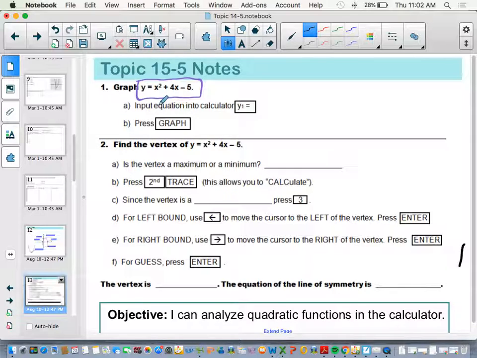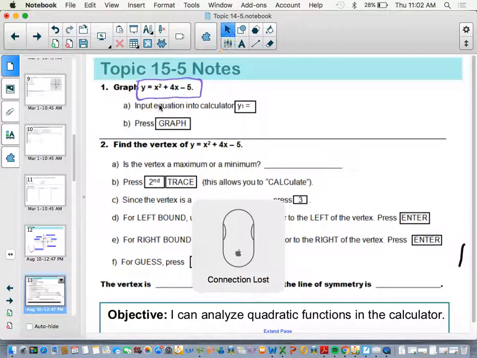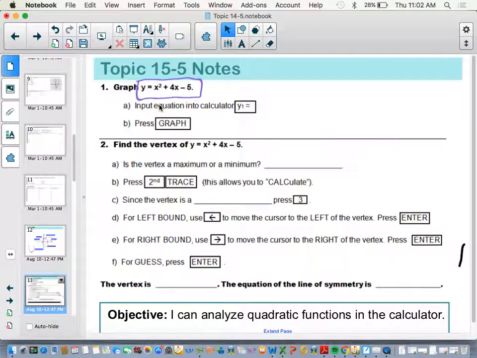Minus. Minus 5. We got it on in our y equals? Is everyone good? Now I want you to press graph.